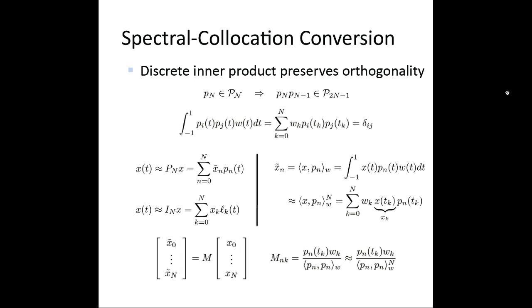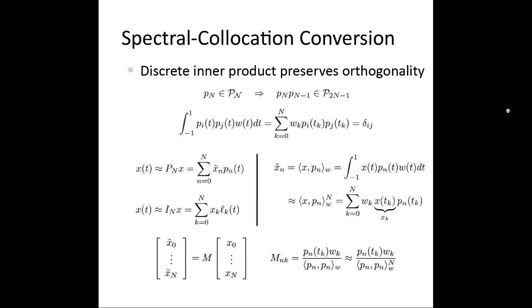Now, what we can do is convert our spectral collocation on Lagrange polynomial basis to Legendre polynomials.